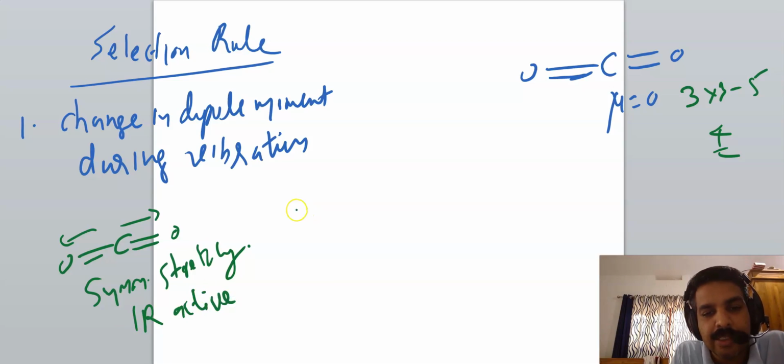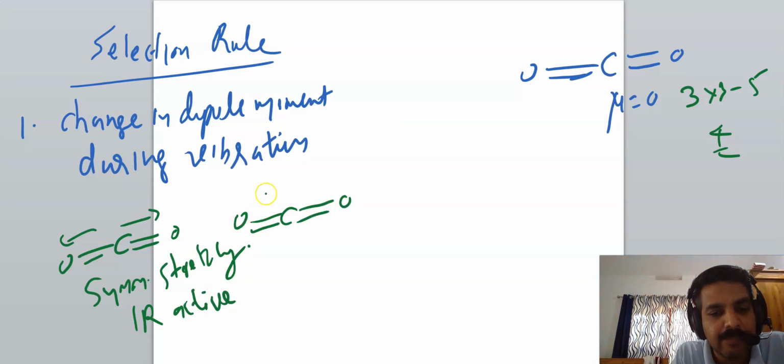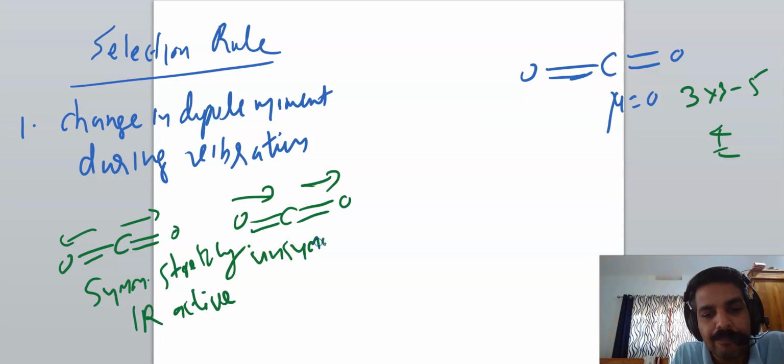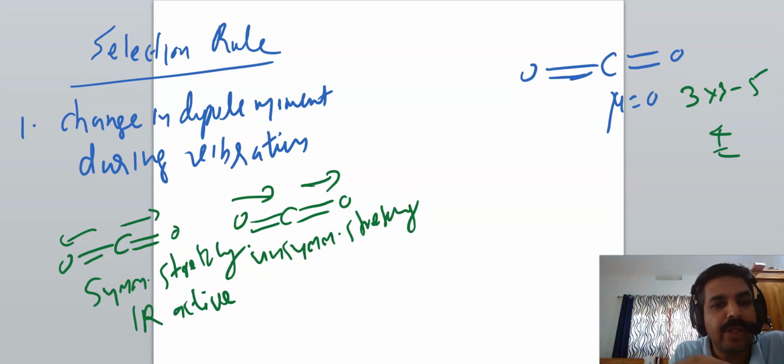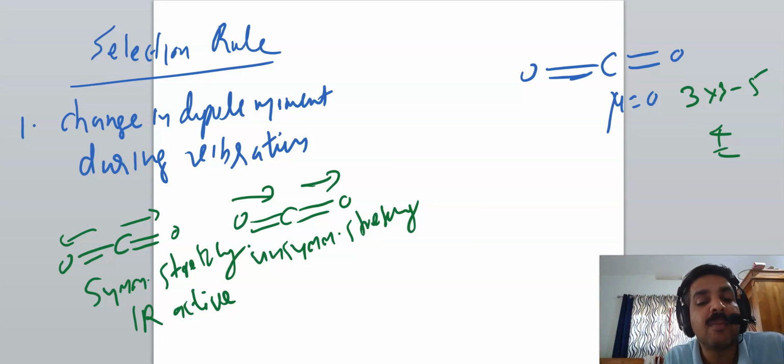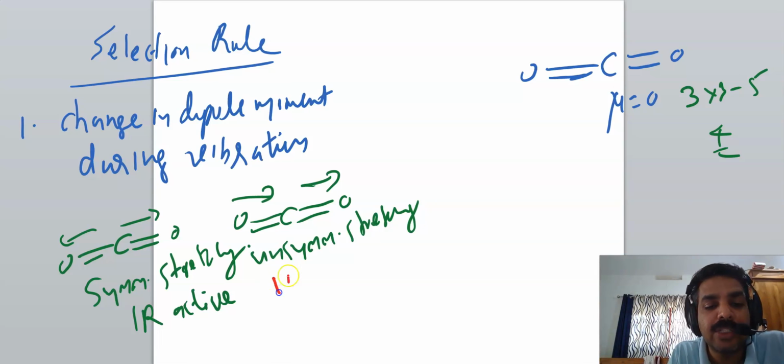But the other vibration of carbon dioxide is unsymmetrical stretching. During this stretching vibration, the dipole moment will change because the stretching is unsymmetrical. Therefore, there will be a change in dipole moment, so this vibration will be IR active.